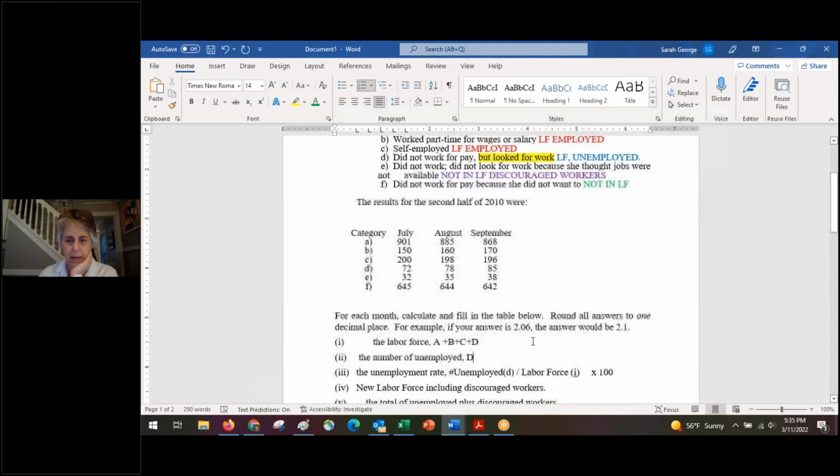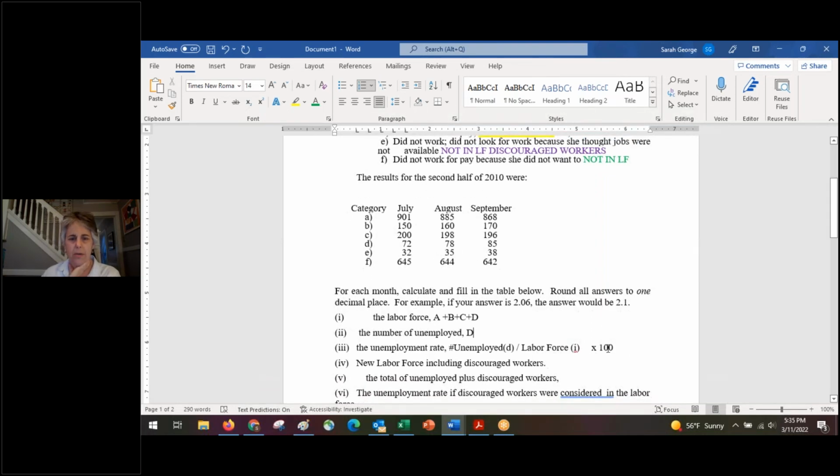The unemployment rate is simply the number of people who are unemployed, which is D, divided by the labor force. And we found the labor force right here in I. You're going to do that division, and then you're going to multiply it all times 100. That's how you get the unemployment rate.